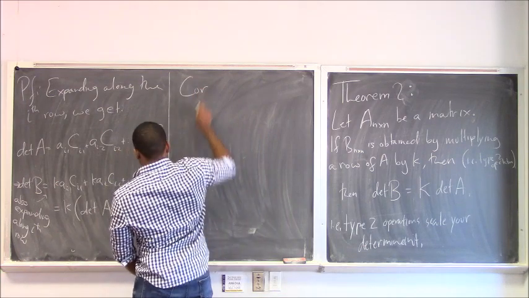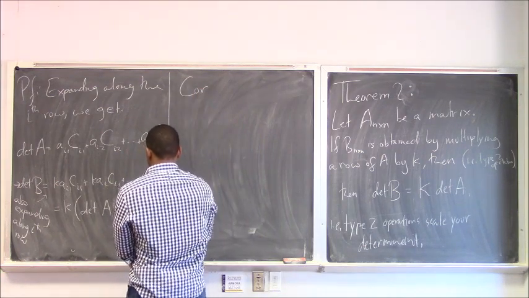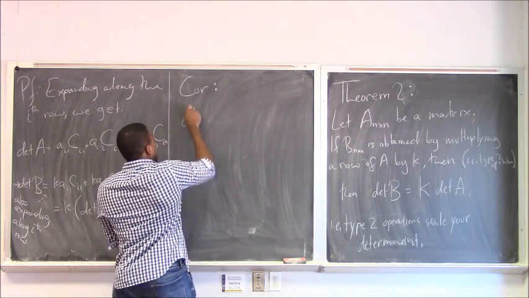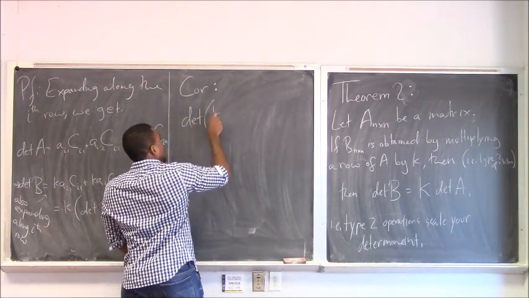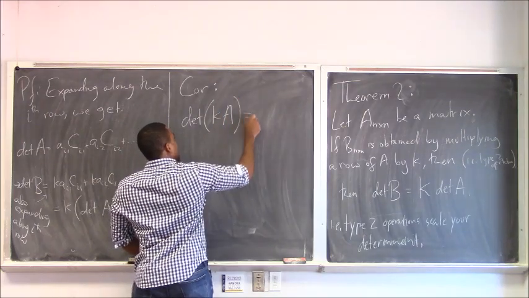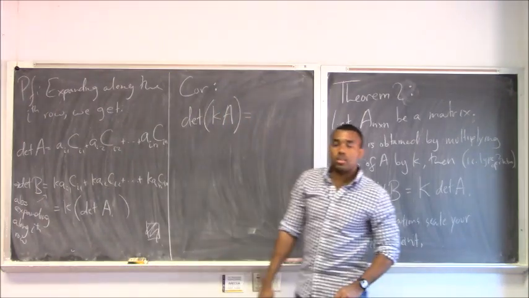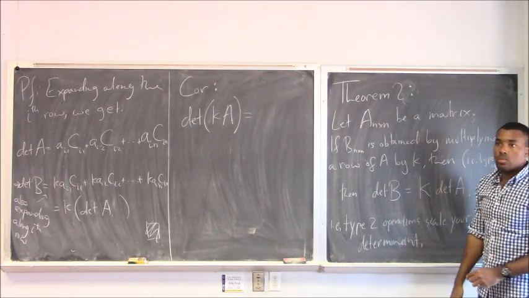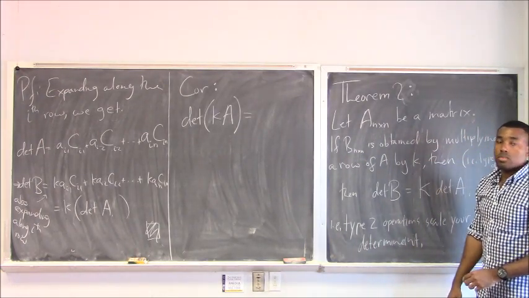Here's a corollary. What do you think the determinant of kA would be? Equals k times determinant A?